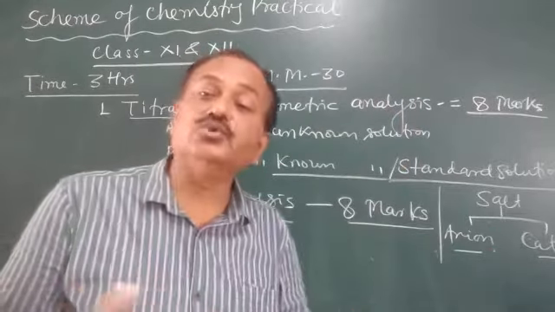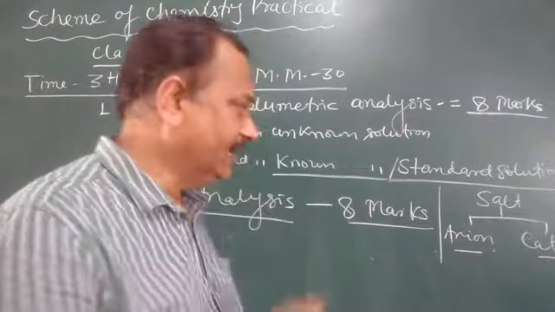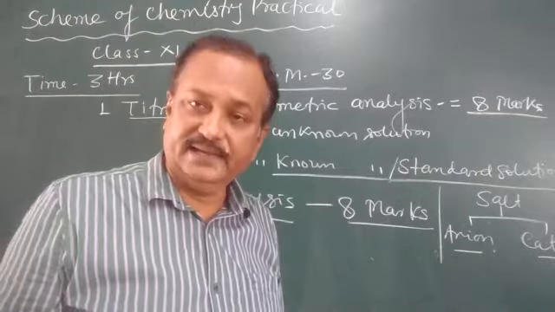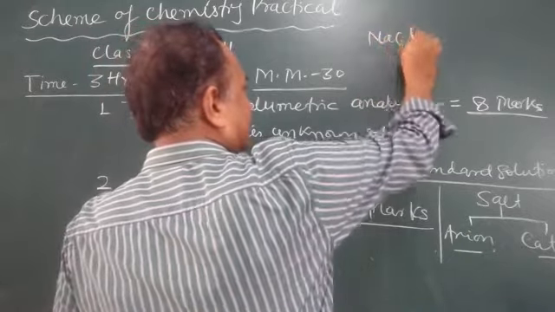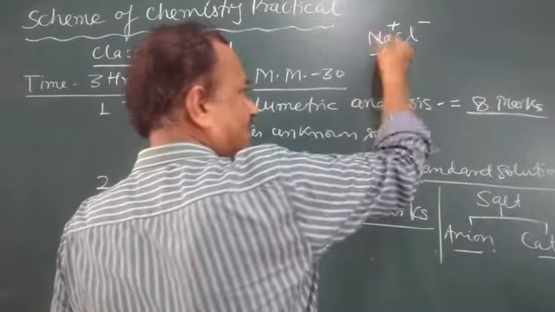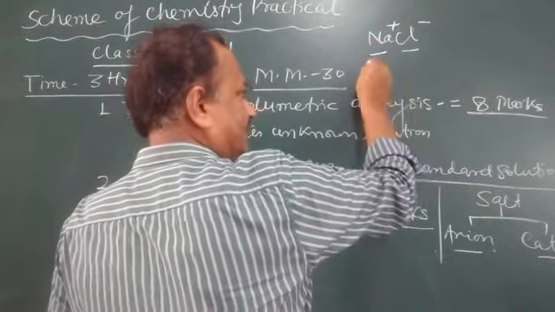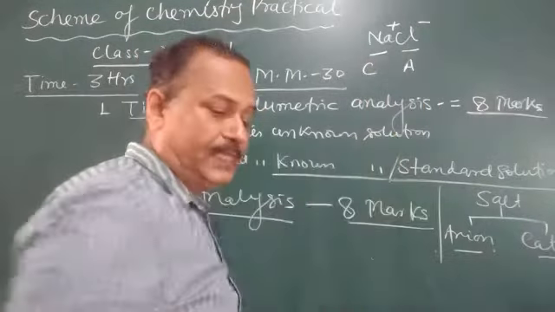All the salts, like sodium chloride, NaCl. NaCl has Na plus, so this is the cation and this is the anion.